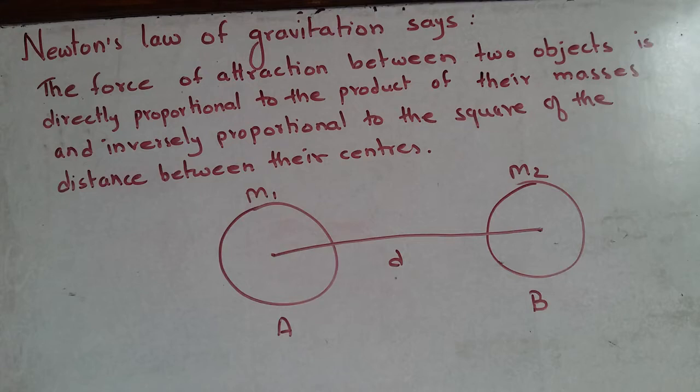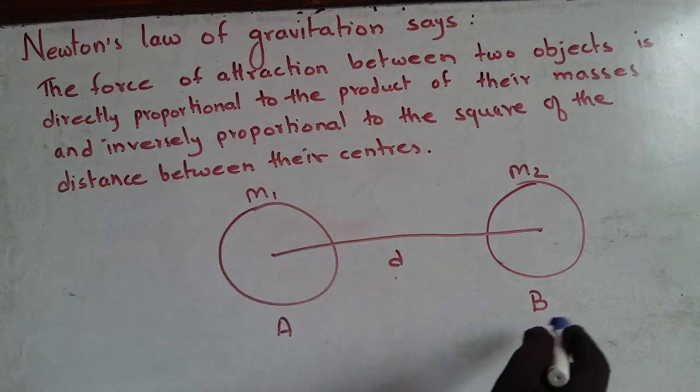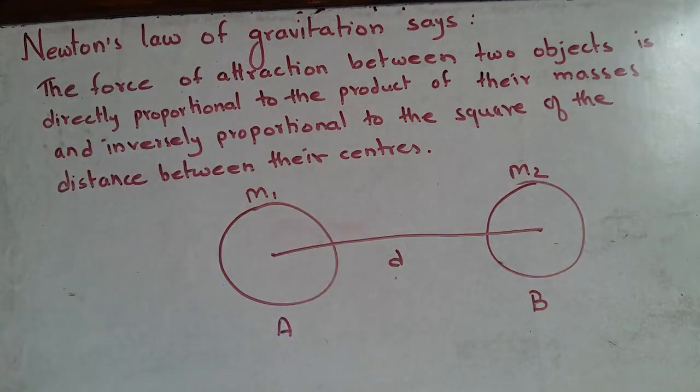And D denotes distance, so it could be 1 meter, 2 meter, 3 meter, 4 meter, whatever. So we have just supposed m1 to be the mass of object A, m2 the mass of object B, and D the distance between their centers.